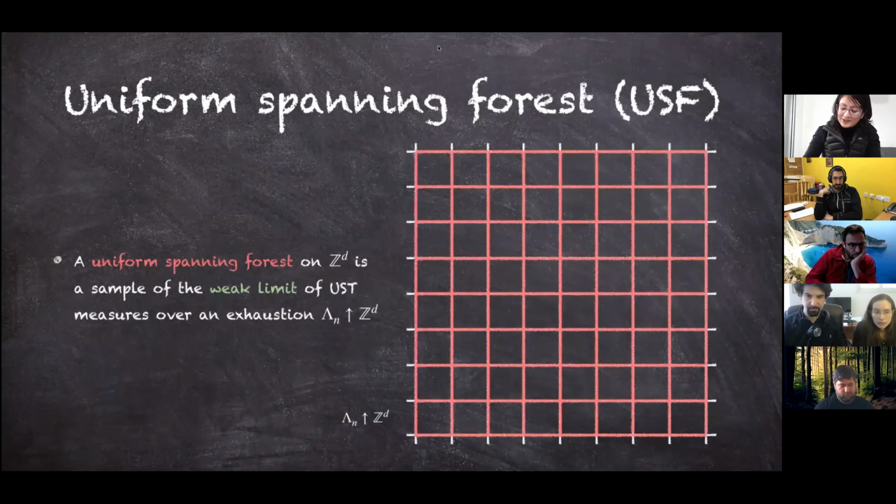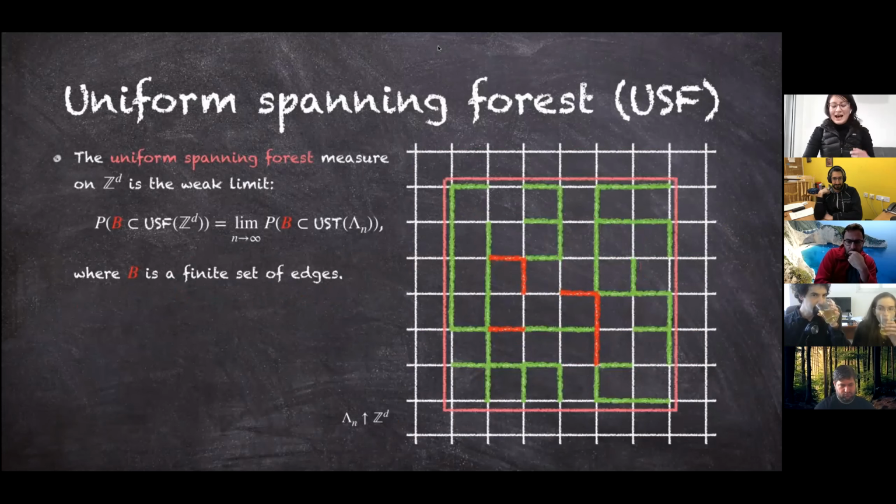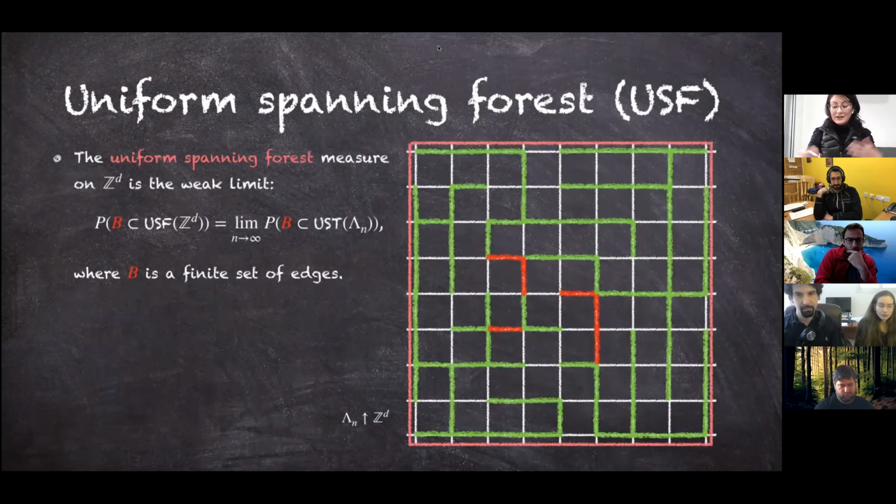So I can be more precise on how we define this. This measure is defined for sets of edges, a finite set of edges like this one that I call B. And I have for each one of these boxes a probability that they belong to the uniform spanning tree. In this case, this is one example where they are part of the tree. And as my boxes increase and eventually fill the whole space, the possible connections between the vertices of the edges of the set B also increase, so it becomes more complicated.